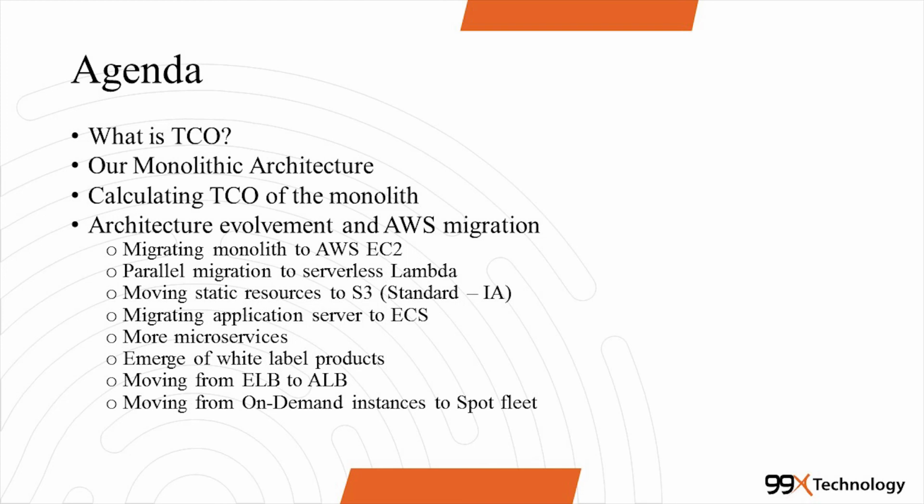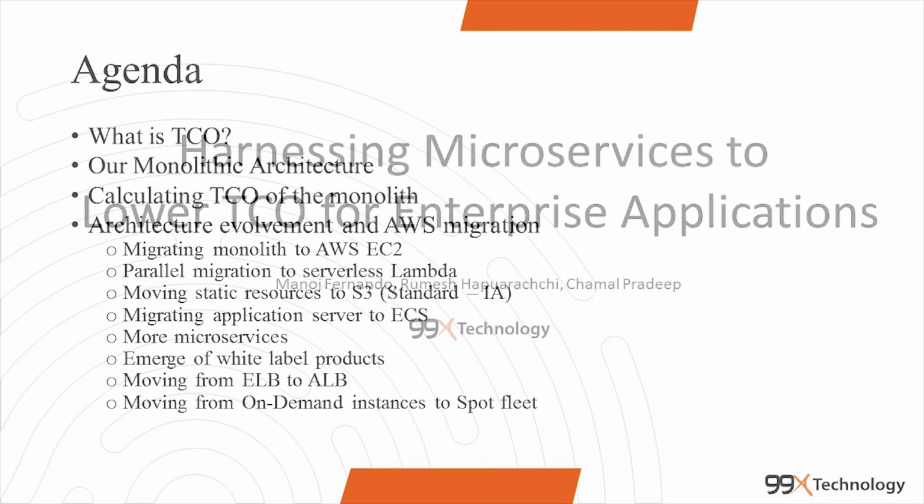And if you have different white label products or maybe even different applications, how you could leverage the power of application load balancer instead of elastic load balancer. And of course the cost benefits that you get if you use the ALB instead of ELB. And then finally we talked about, rather than using on-demand instances, how you can leverage the power and the cost benefits of spot instances and the reserved instances.